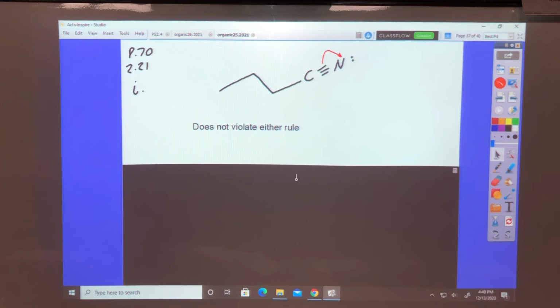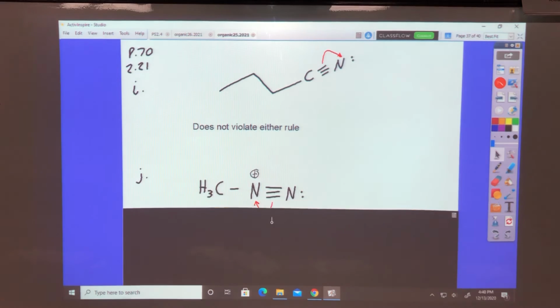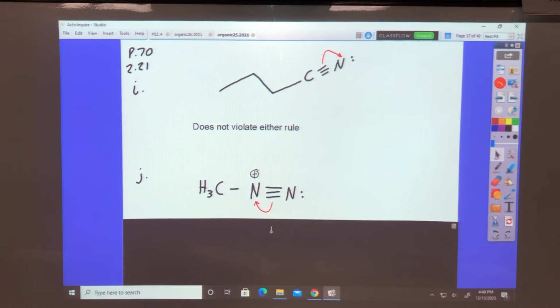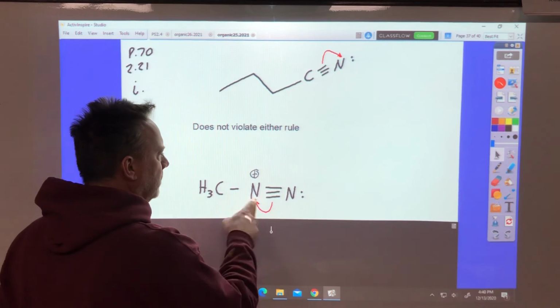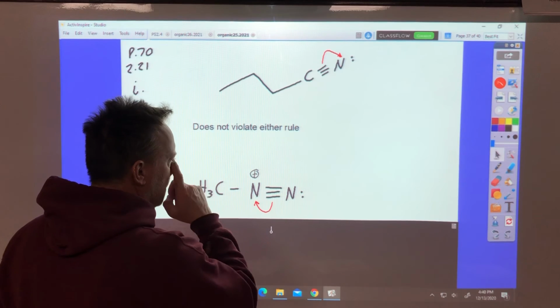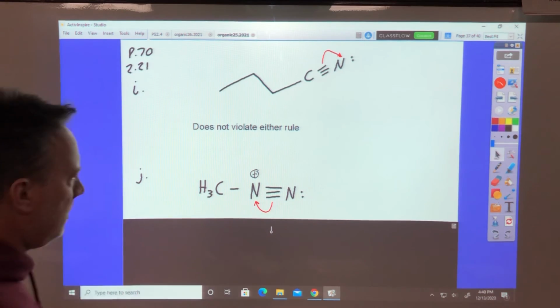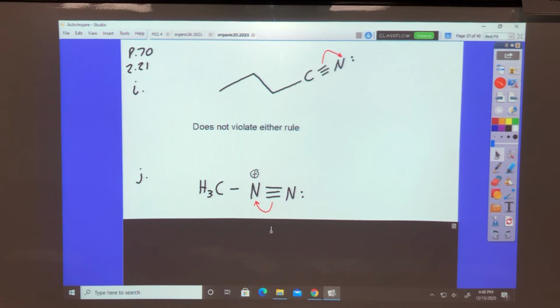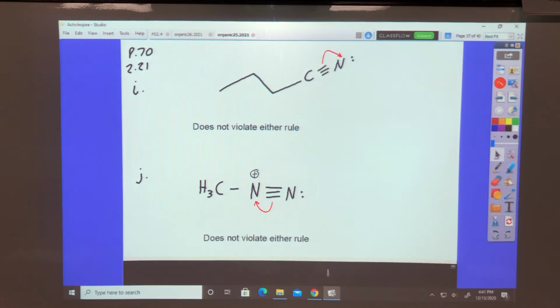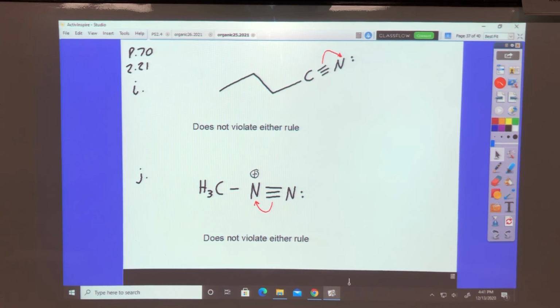The problem in breaking bonds, or making bonds, well, it just depends, I guess. Never mind. What about this one? Could I move electrons out of here? I think so, unless I'm missing something. Doesn't violate either rule.